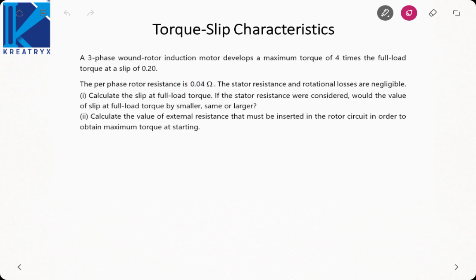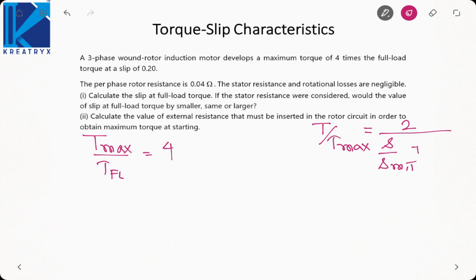A three-phase wound rotor induction motor develops a maximum torque of 4 times the full load torque, which means it is saying T max by T full load is 4. In such questions, you have to remember one thing, that torque at any slip upon maximum torque is 2 upon S upon SMT plus SMT upon S, where S is the slip at which this torque T occurs and SMT is the slip for maximum torque.